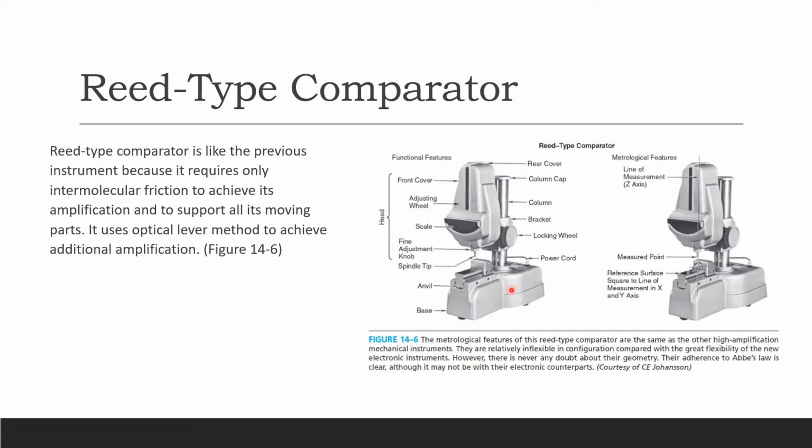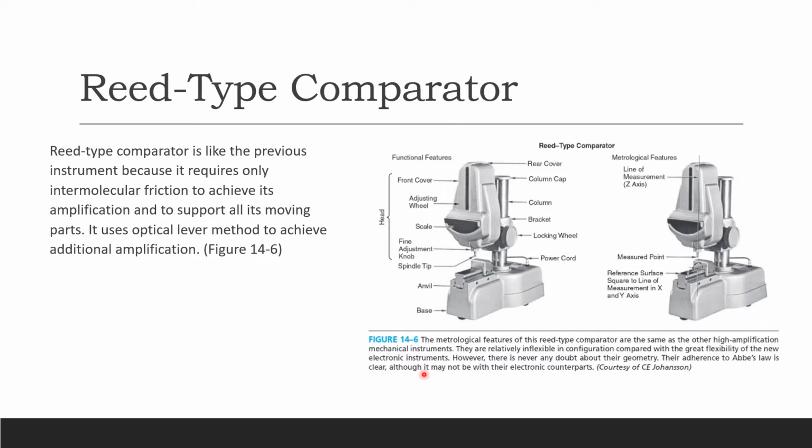I don't know why in this textbook they always give these features in a picture. If you take a look at your metrological features, you can see it's about the same as other high amplification mechanical instruments. They're relatively inflexible in configuration, in how rigid they are, standing on their own anvil, compared with the great flexibility of the new electronic instruments.